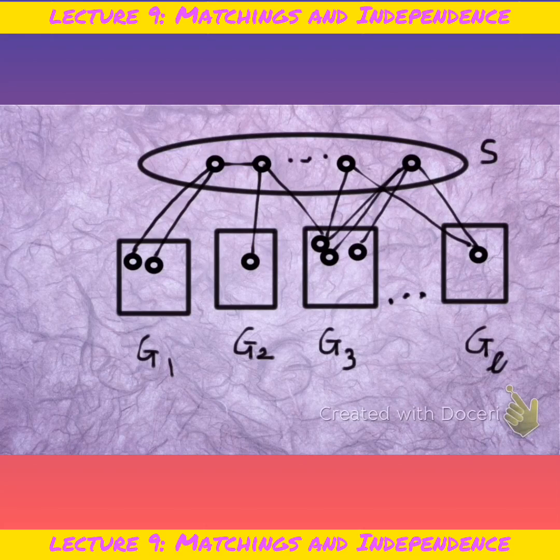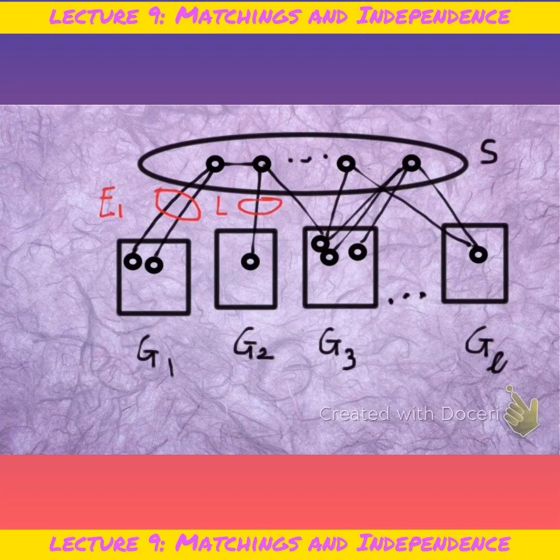This is the set S of vertices that I'm removing, and this is going to be the edges between G1 and S. That is going to be the set of edges. So there we've got my set S of vertices that I'm removing. Here the G's are my odd components, and here is the set of edges between S and G1.